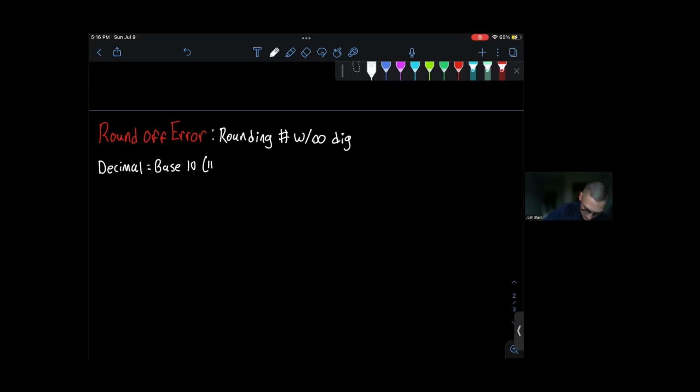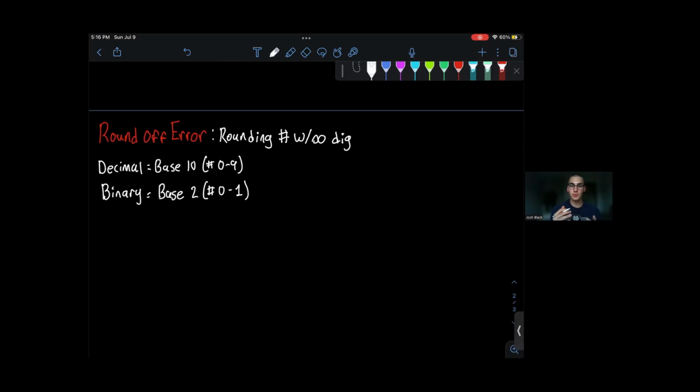We use the numbers 0 through 9, which are 10 different numbers, to display any single number that we can think of. Now, computers use something called the binary base system, which is a base 2 system. They use numbers 0 and 1.